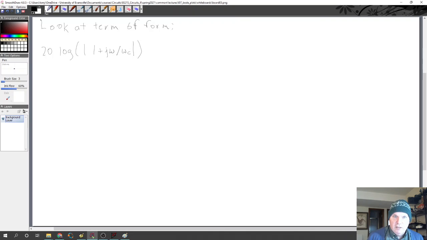Where I ended last time, I had a term like this in the denominator, with 1 plus j omega over omega p. But in general, this term might actually appear in the numerator, or I might have multiple terms like this in the denominator. So instead of using omega p, that particular R over L value, I'm going to generalize and call that omega c.